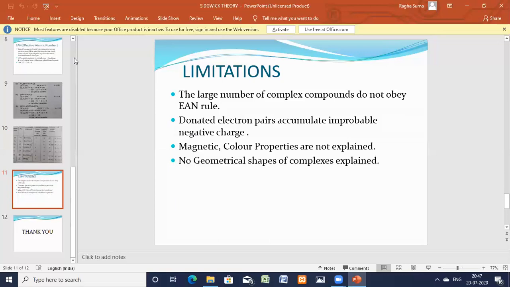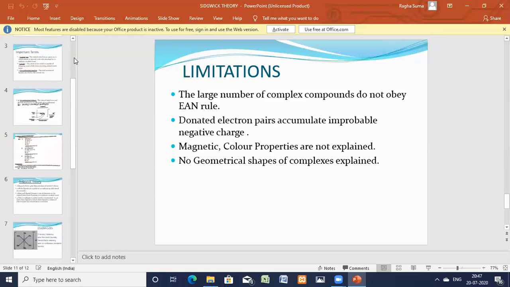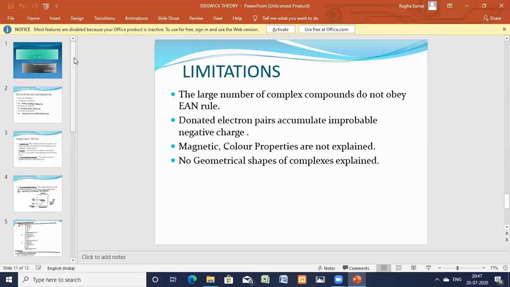So we have started the coordination compounds, theories of the coordination compounds. I explained in the previous session the Alfred Werner theory. Actually, inorganic compounds are of different types: salts, anions, cations, addition compounds. In these addition compounds, you'll be getting double salts.